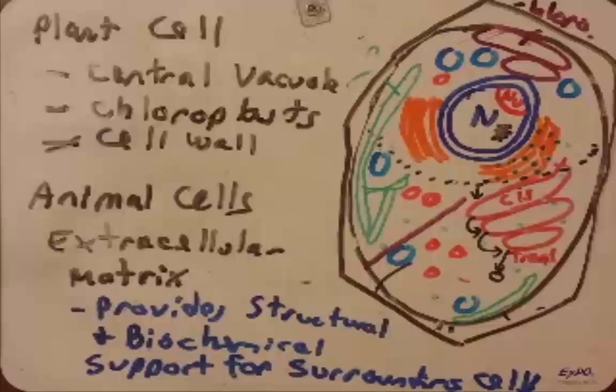So as two cells are adjacent to each other, they will secrete various chemicals and various proteins that are needed for adjacent cells to function and coordinate properly.